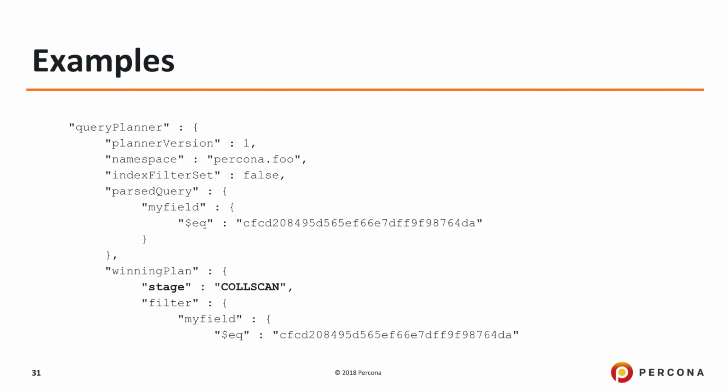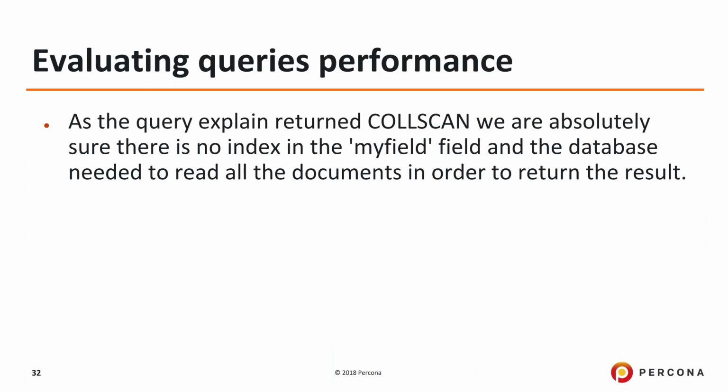And in bold on this slide, we have COLLSCAN, which is something to always look for in explain output to indicate that you're scanning data instead of using an index. If you saw IXSCAN here, that would mean we're using an index to answer the query. If you see COLLSCAN, it's a collection scan, meaning there was no index to help the optimizer.